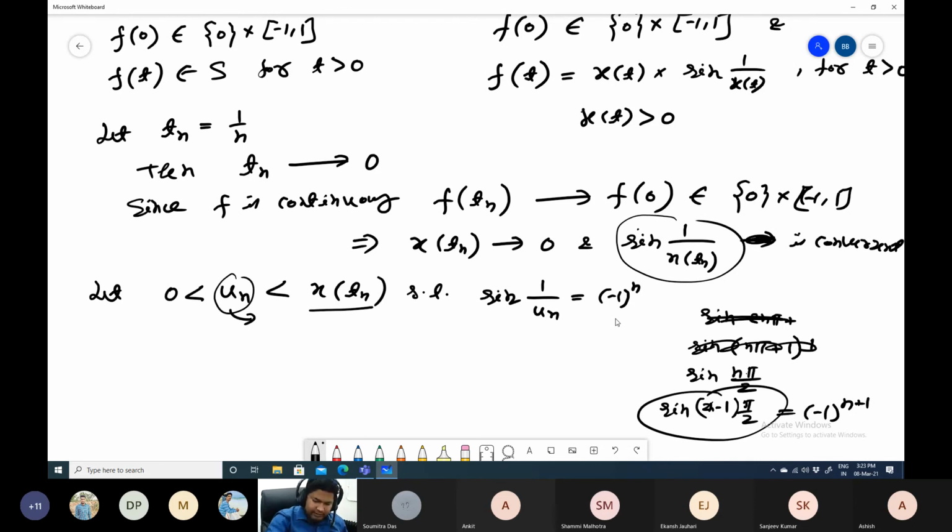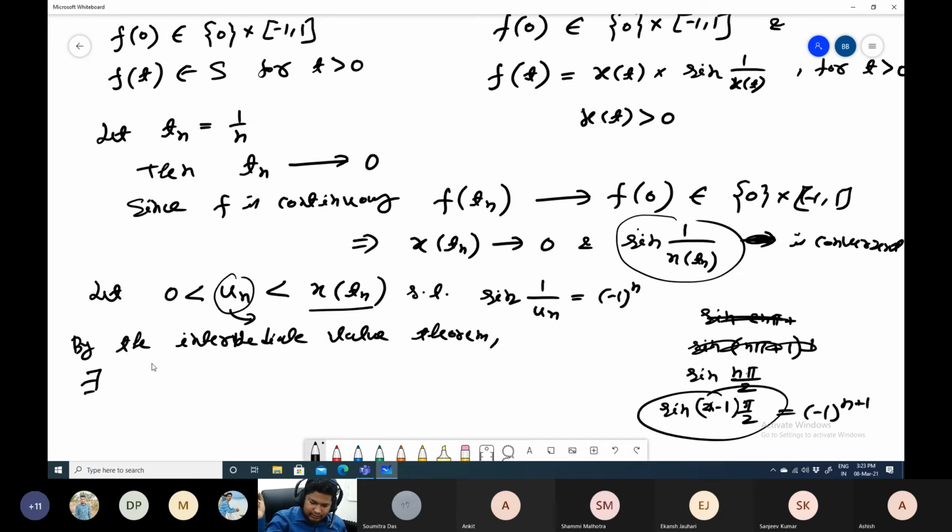Now by the intermediate value theorem, there exists, say, Sn.